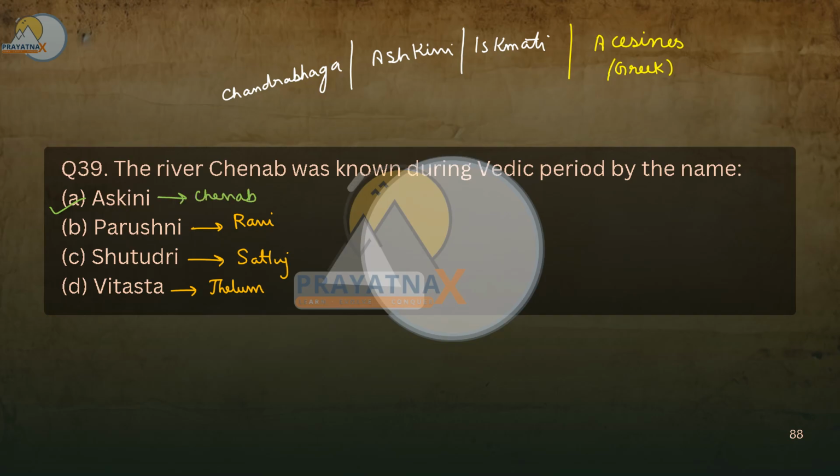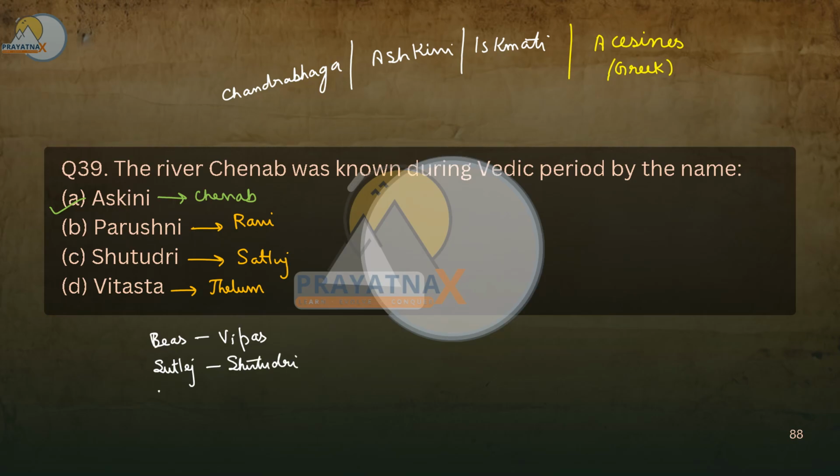Now, the easy mnemonic I would say to remember this is: river Bias was known as Vipas. The river Satluj was known as Shatudri.